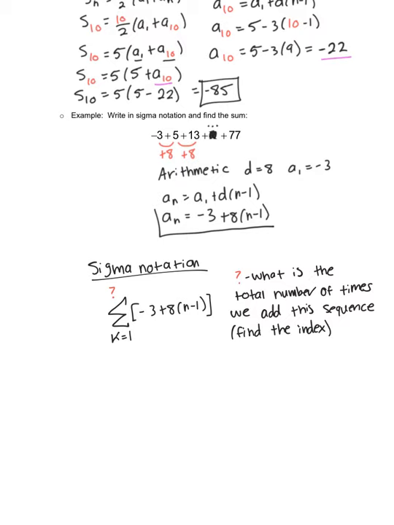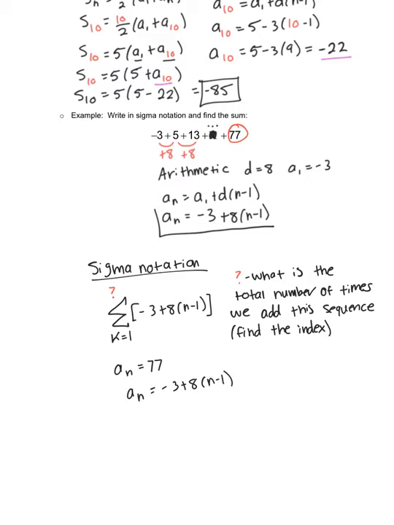Okay, so the way we're going to do this is I know that the last term in the sequence is going to be 77. So that means that a sub n is equal to 77. So this was the equation for my sequence.